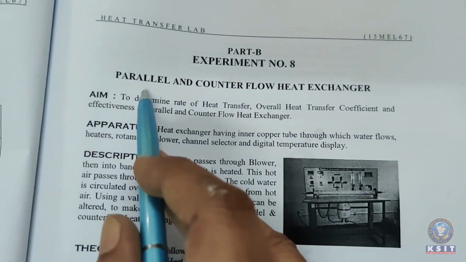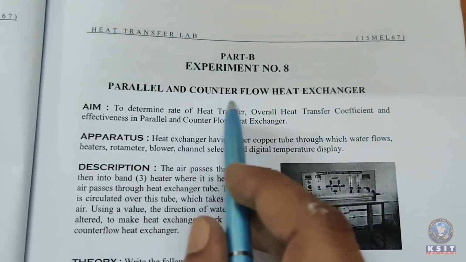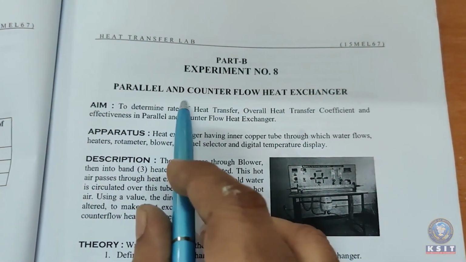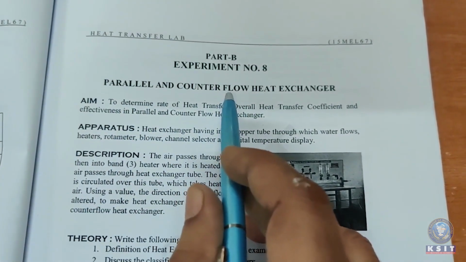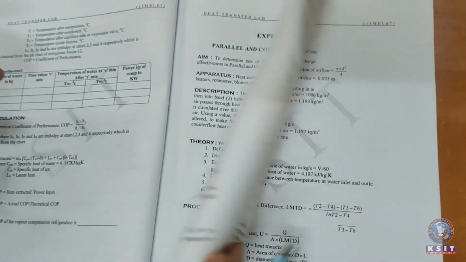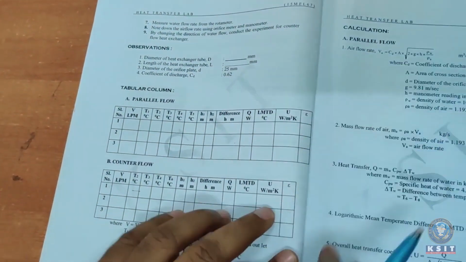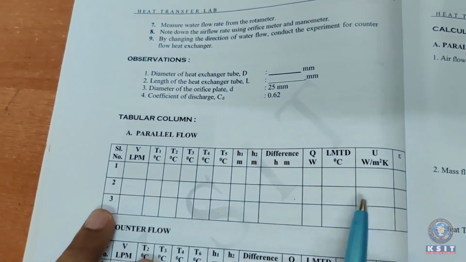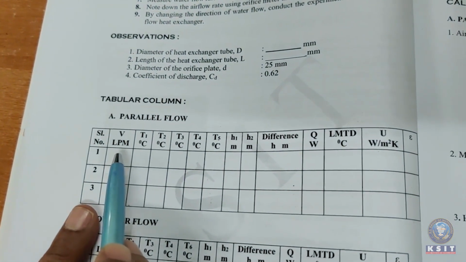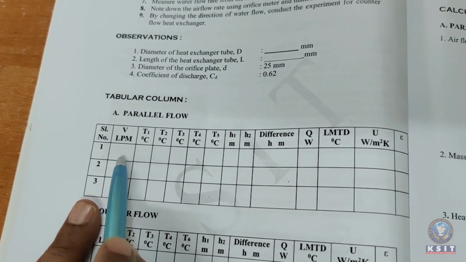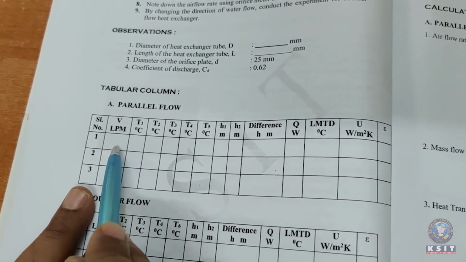After conducting the experiment, now we go for the calculation part. First we do the calculation for the parallel flow heat exchanger. Already you set the flow rate of the water, 1 liter per minute.